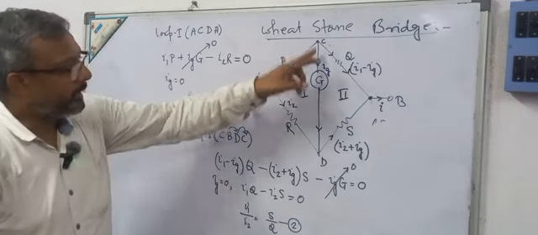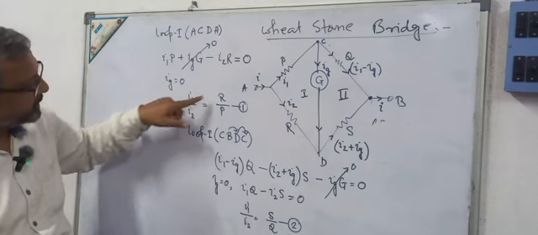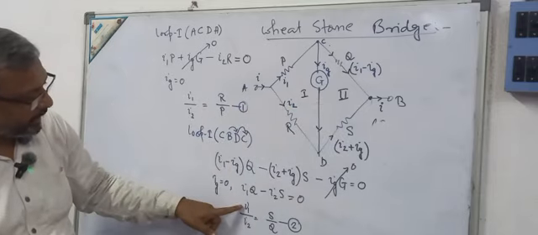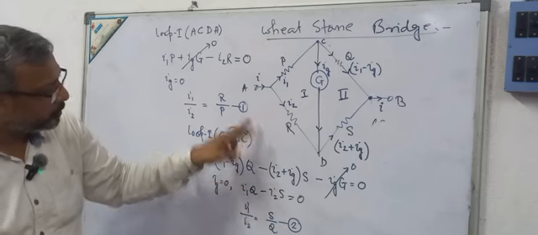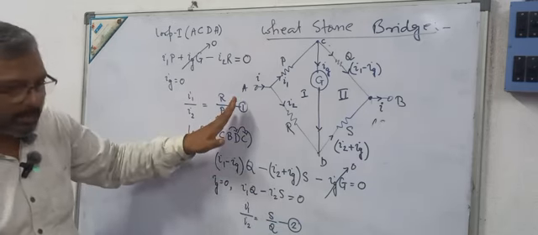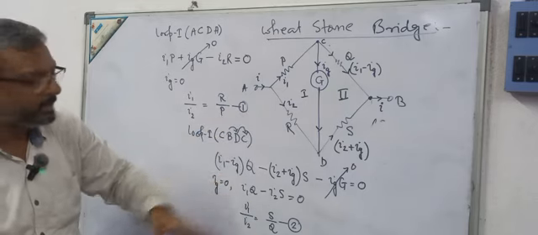What I have done: I have taken the first loop, and from the first loop I got one relation, I1 by I2 is equal to R by P. And from the second loop I got another relation, I1 by I2 is equal to S by Q. So from equations 1 and 2, I1 by I2 is on the left hand side, and the right hand side has another part. P, R, S, Q are all resistances.